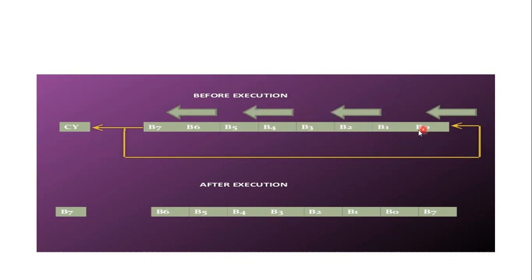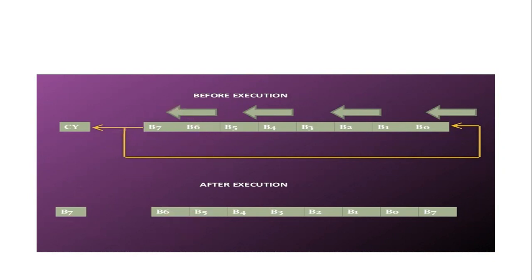So before execution, B0, B1, B2, B3, B4, B5, B6, B7, and then the carry. When the opcode is executed, B7 comes to carry, and then B6 is moved to here.